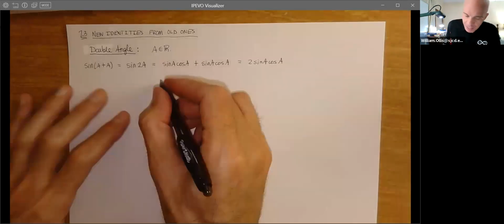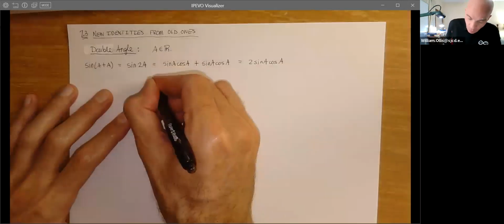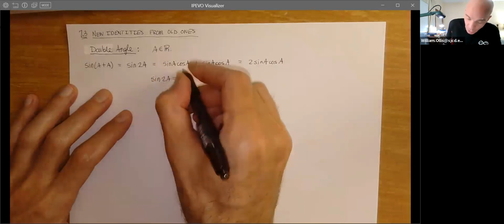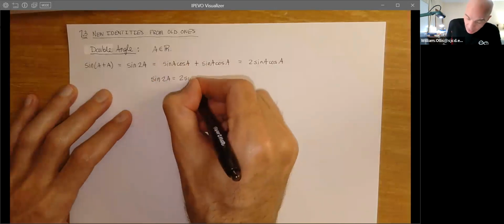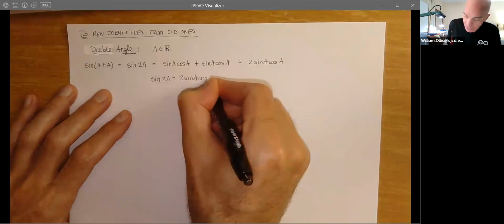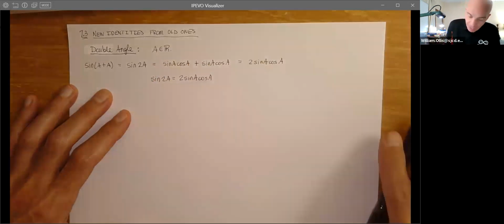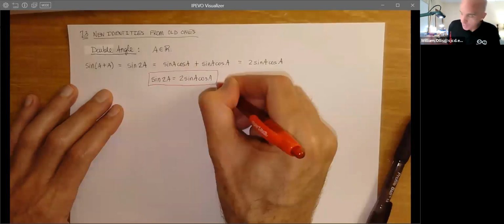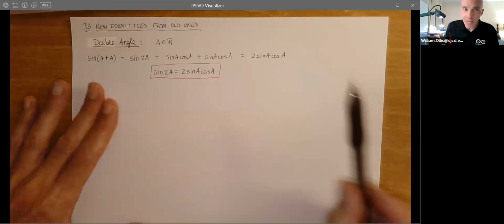So what we see here, and I'll just kind of formalize it, sine of the double angle is just 2 sine A cosine A. You get a lot of use with this one. And students remember this because they remember the addition formula. So that's the double angle formula for sine.